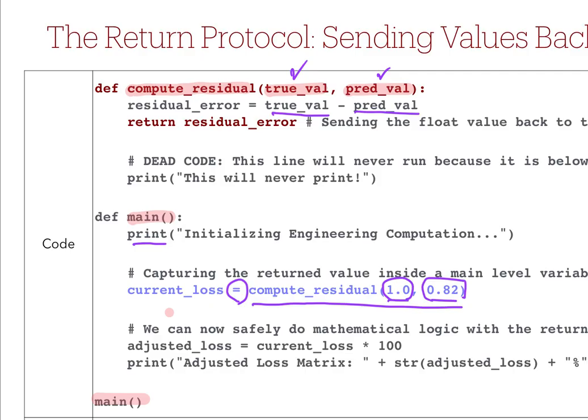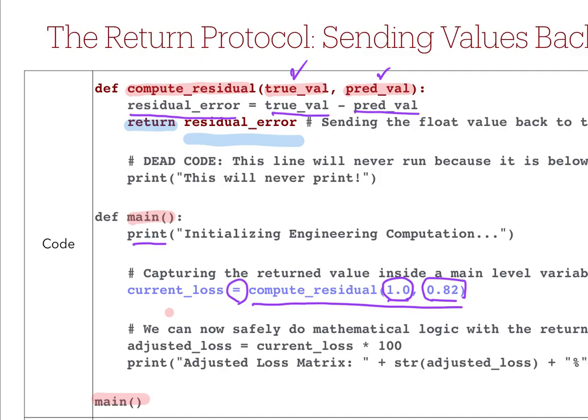So 1.0 and 0.82 are given to those variables, and the difference between these two will define the value of residual error. So residual error is another float variable. Once you get this number, I have a return statement.